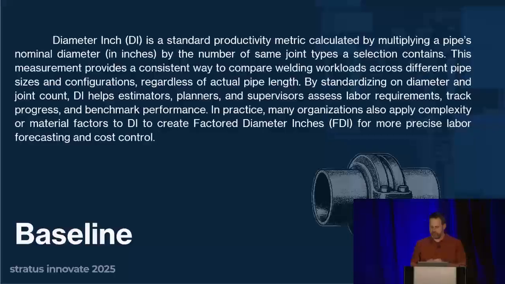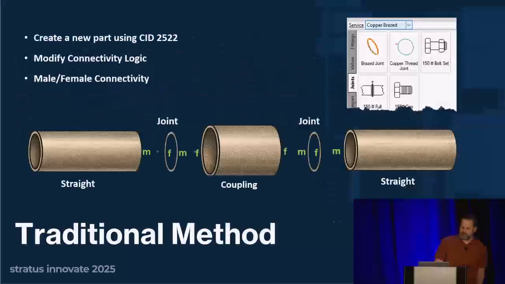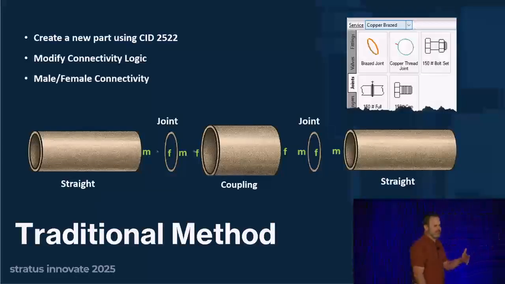Okay, so this is just a quick baseline of understanding and aligning on what we're talking about here, and how we have traditionally solved this problem. Years back, the TSI method was to create a joint ITM and put it in your database in the services, so that when you put these two fittings together, it automatically will place that extra ITM in the model, okay?